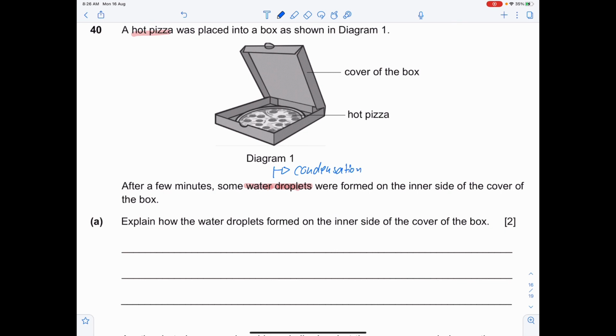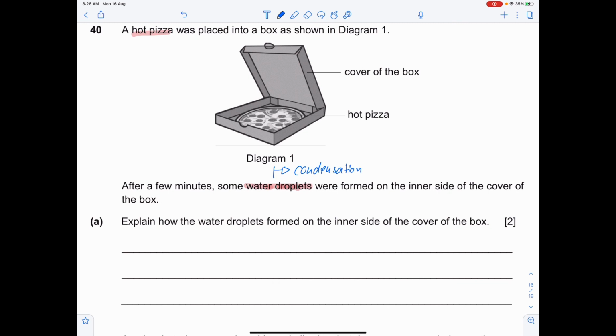If I can eliminate water vapor, I have less condensation, and then I will have fewer water droplets. Or if I can reduce condensation, I can also reduce the amount of water droplets. So there are two plausible answers, but I will only pen down the most obvious one.